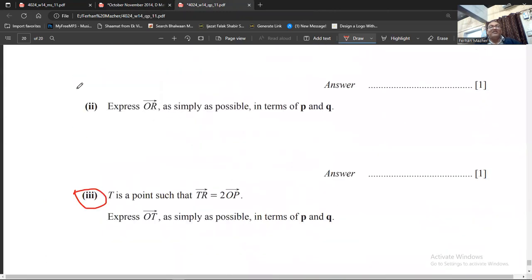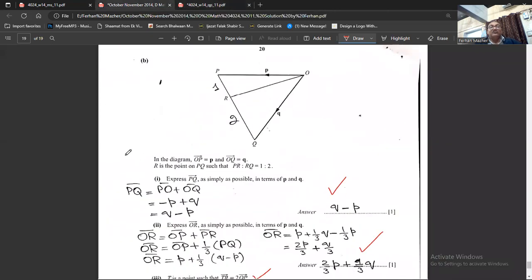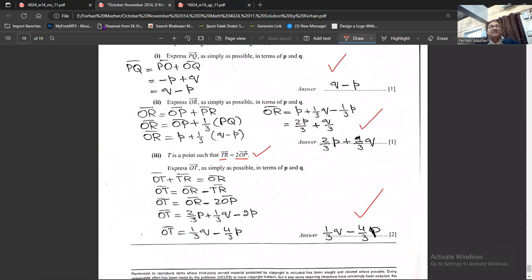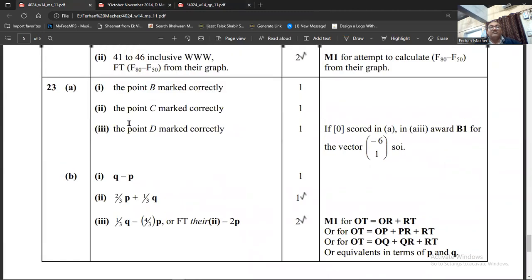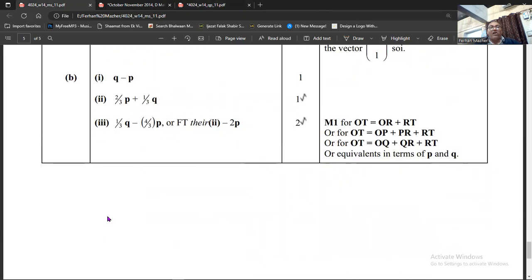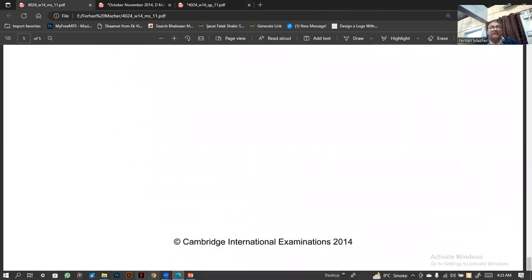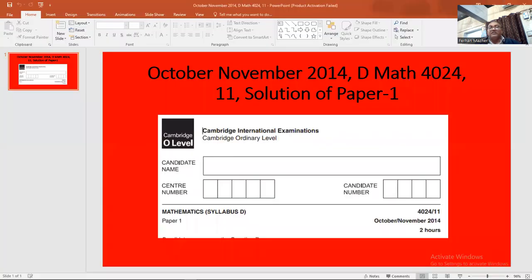Oh, the paper is over. And this is the solution of the last part. So, the paper is over. Yeah, the paper is finished.